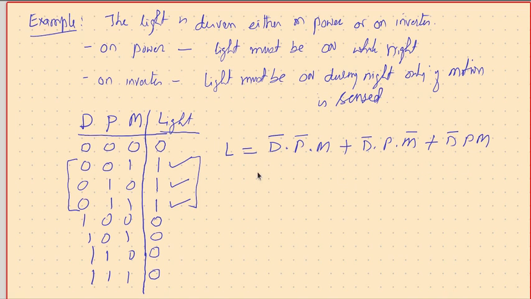Done. Then what does it say? Currently I don't know what to do, so let me divide this into two parts and analyze what is happening. For D equal to 1, definitely we don't want light, so we don't need to worry about this part.